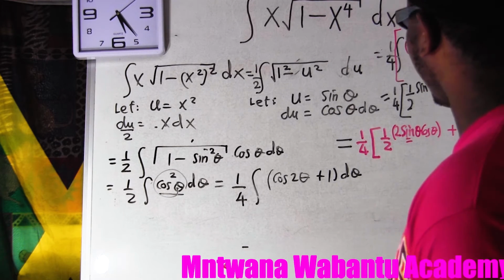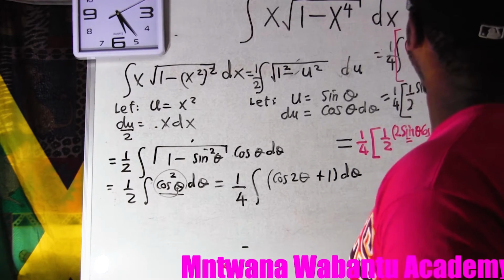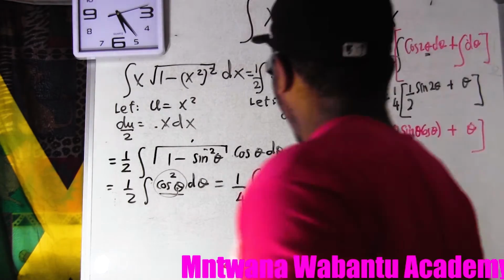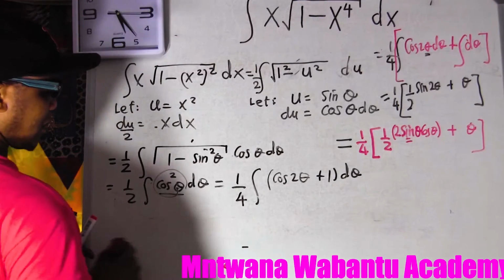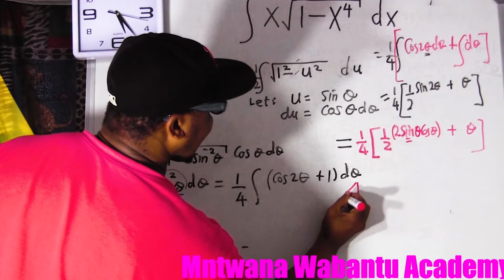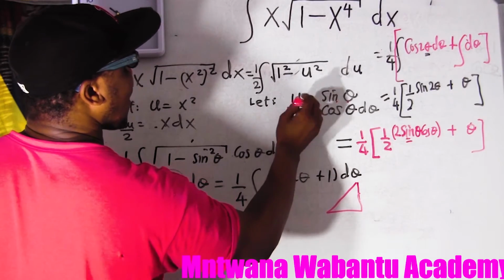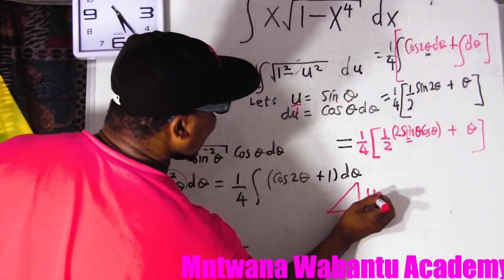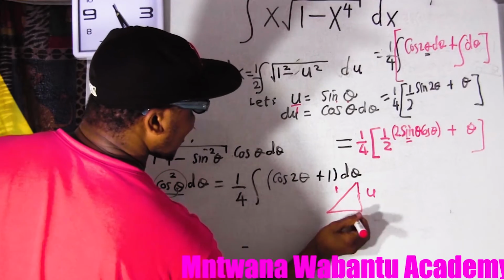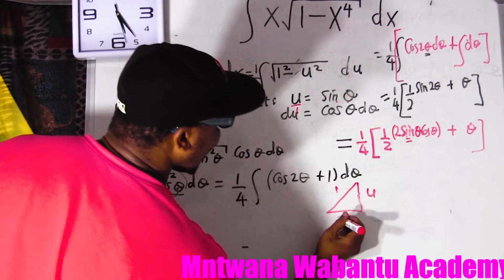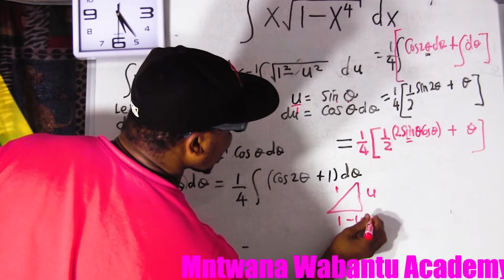It's easy. Look, if you have a triangle, let's say, you just make a space here. If you have a triangle like here, I think you can see, sine equals, let's say, over 1. This will be opposite. What is the opposite? u, and this will be the hypotenuse equal to 1. So this is the adjacent, which is going to be the square root of 1 squared minus u squared.